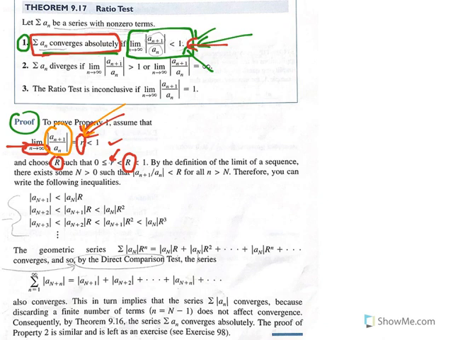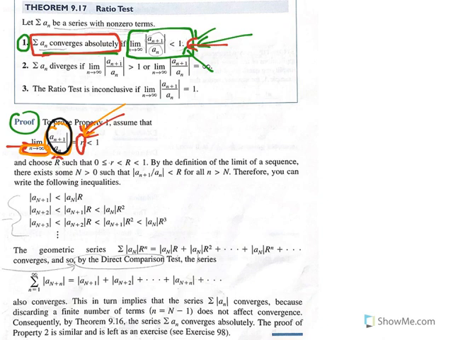So by the definition of the limit of a sequence, there will be some uppercase N greater than 0, such that for a large enough value of lowercase n, this quotient that we're taking the limit of as n approaches infinity will be less than uppercase R. In other words, it will be getting closer to lowercase r, and it'll be close enough that it will be somewhere between lowercase r and uppercase R. And that has to happen because the limit exists.